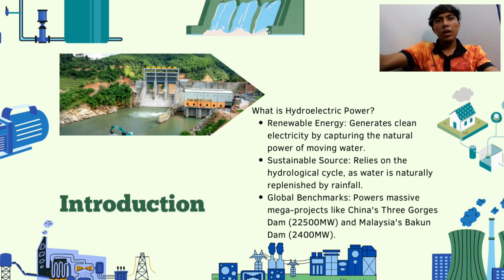It powers massive mega projects like China's Three Gorges Dam and Bakun Dam in Malaysia. For China's Three Gorges Dam, the power is 22,500 megawatt. For Malaysia, Bakun Dam is 2,400 megawatt.